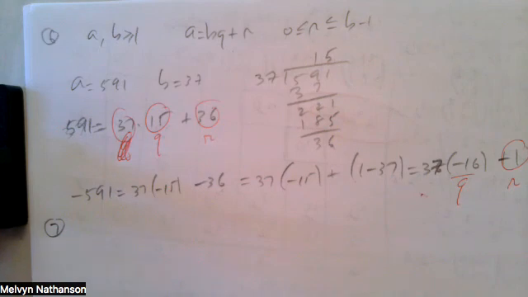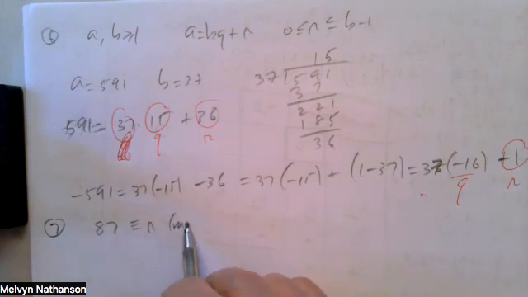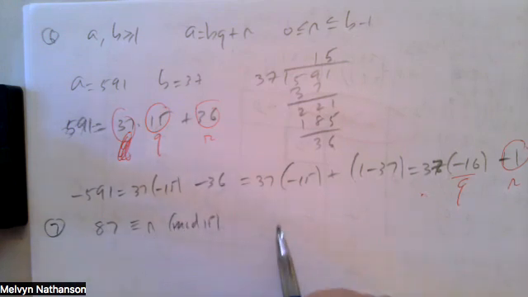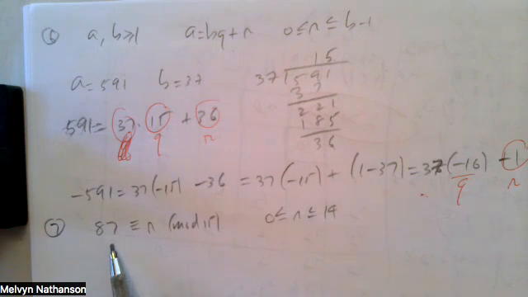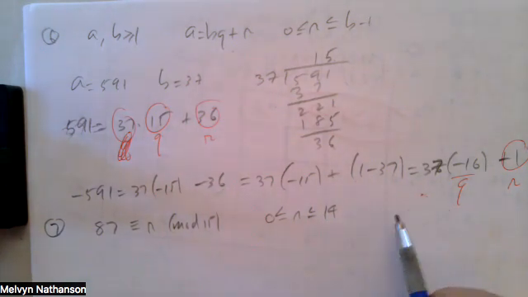Number 7 is to find the least non-negative residue of 83 mod 15. So we want to find a number R such that 87 is congruent to R mod 15, and R is between 0 and 14. But this is just another problem involving the division algorithm.